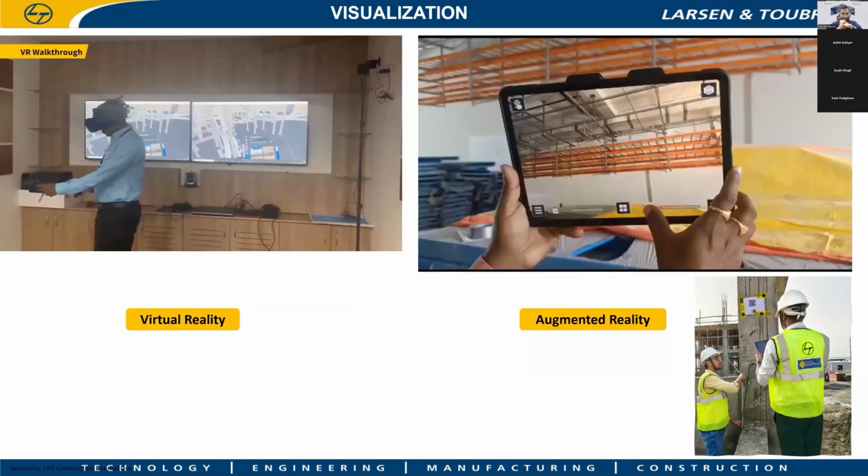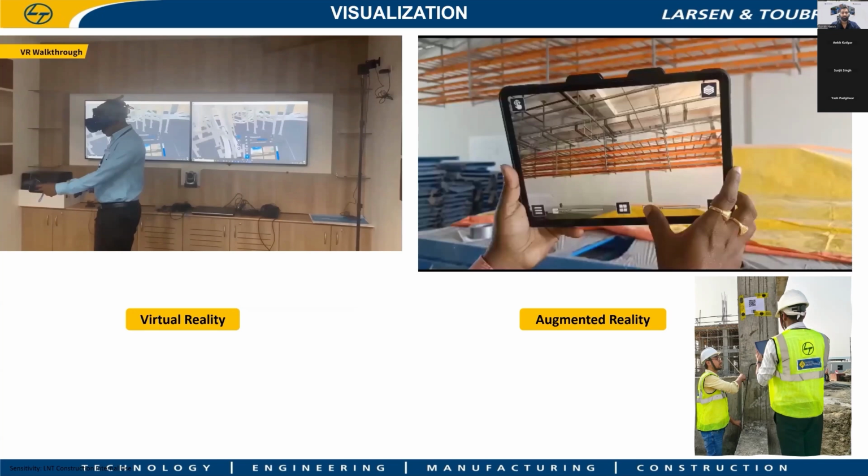Coming to the visualization part, we use VR at the site office, where you can coordinate with your design team. It will take you to a digital immersive world where you can see the complete 3D model in virtual reality mode, walk through, and read the material and element properties, and you can coordinate with your design team or clients.